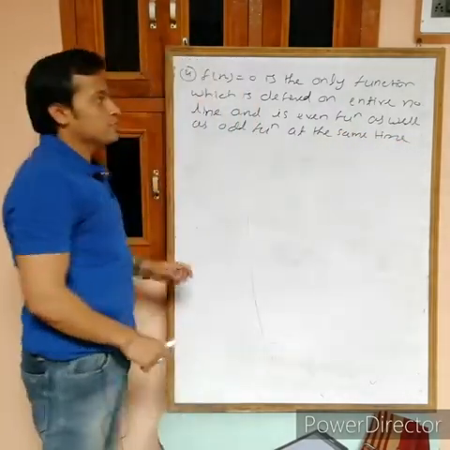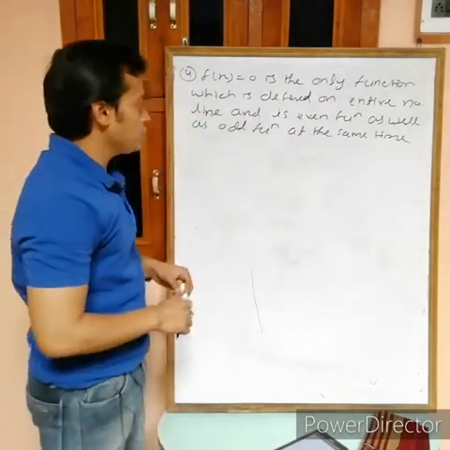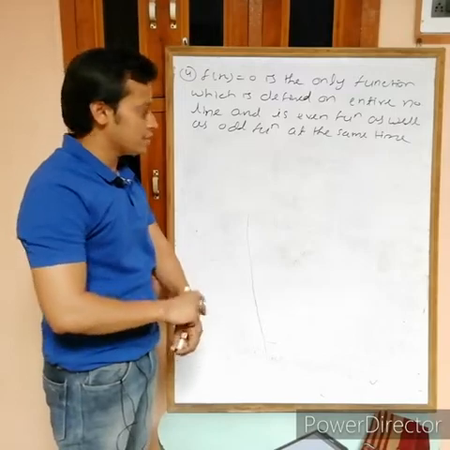So f(x) equals 0 is the only function which is defined on the entire number line and which is both even and odd at the same time.